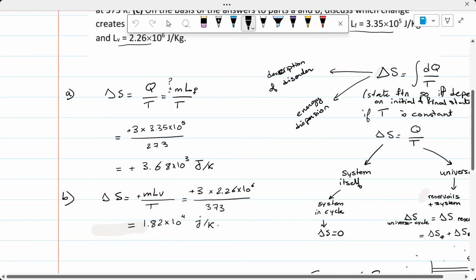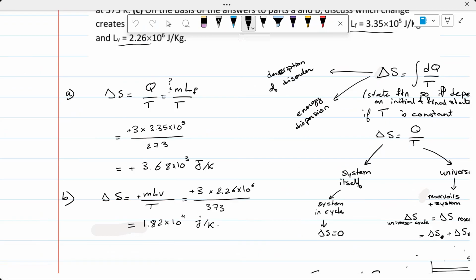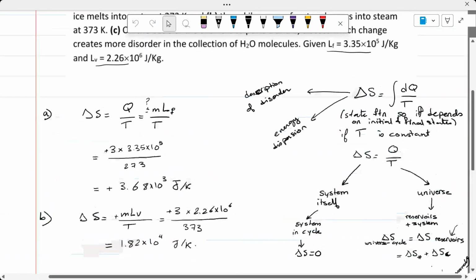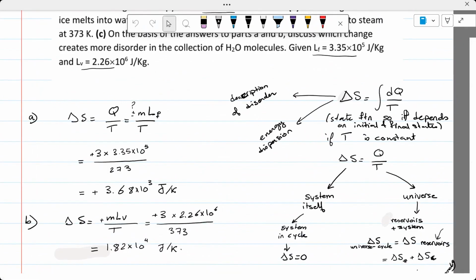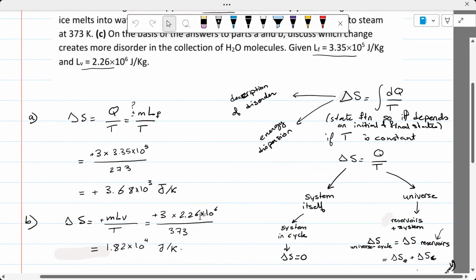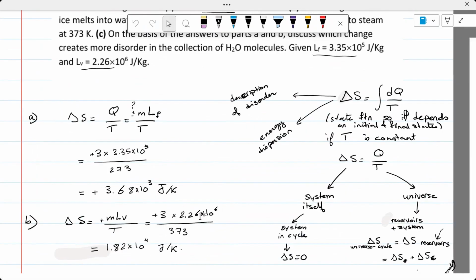Now, I want to comment on this because this is a source of confusion for some students. How come delta S is negative when I explicitly expressed to you that by the second law of thermodynamics delta S can never be negative? Because the order would be increasing in the surroundings, so it's decreasing in the system, but increasing around.